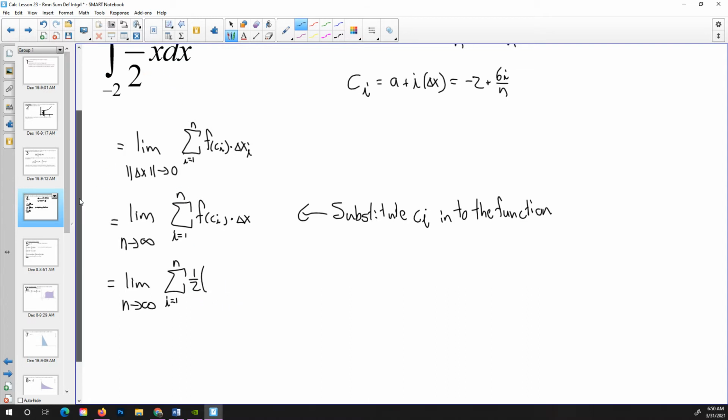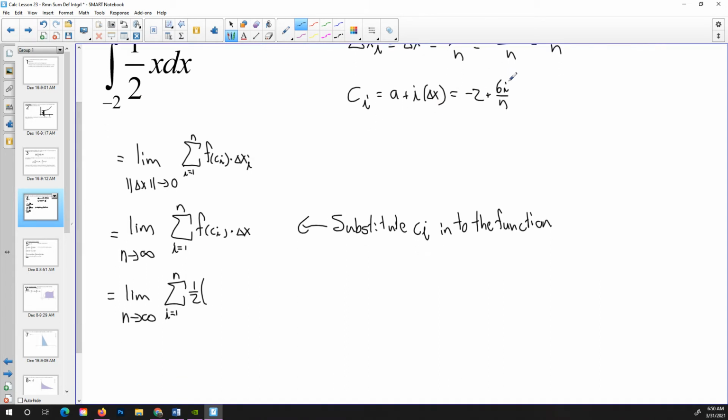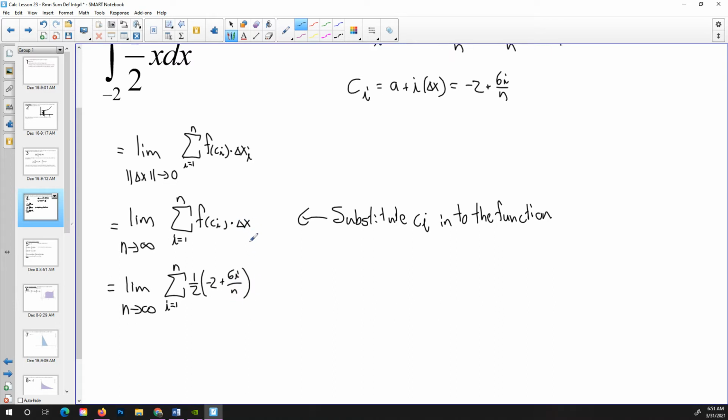That's what our original function is, half x. But our x's are calculated using this ci expression. So negative 2 plus 6i all over n times delta x, which is 6 over n.